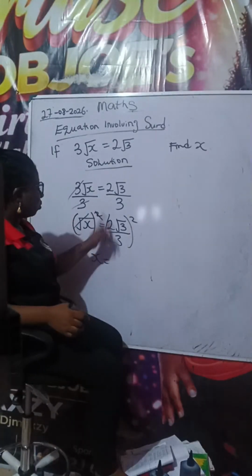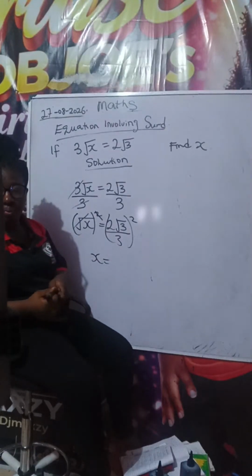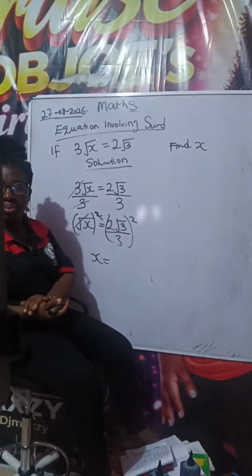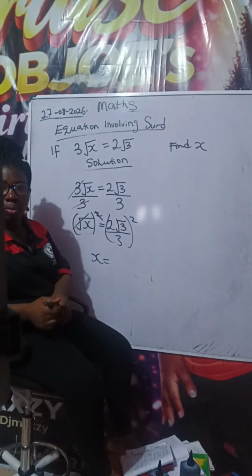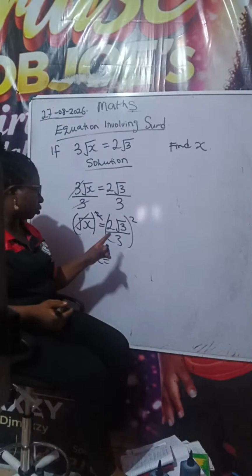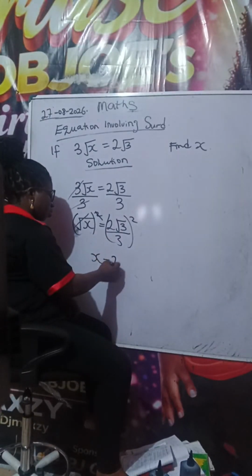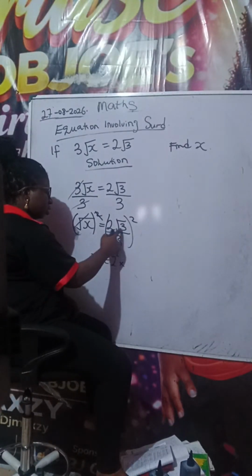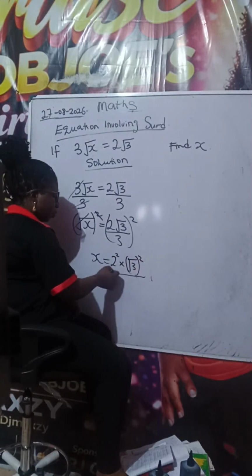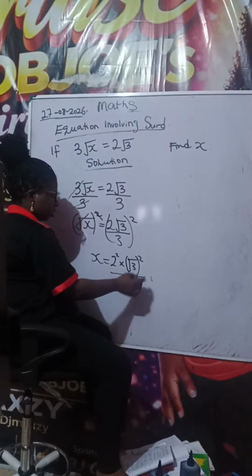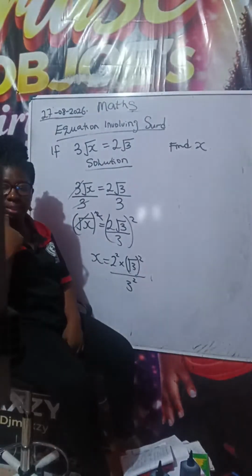Now, when you check this bracket, it means that everything in the bracket is squared. So you bring out the 2. We have 2 squared times, this one also is squared, root 3 all squared, over 3 squared. Did you understand it?